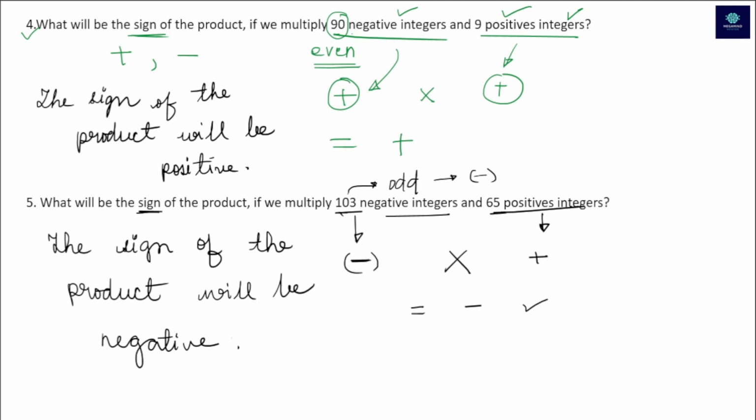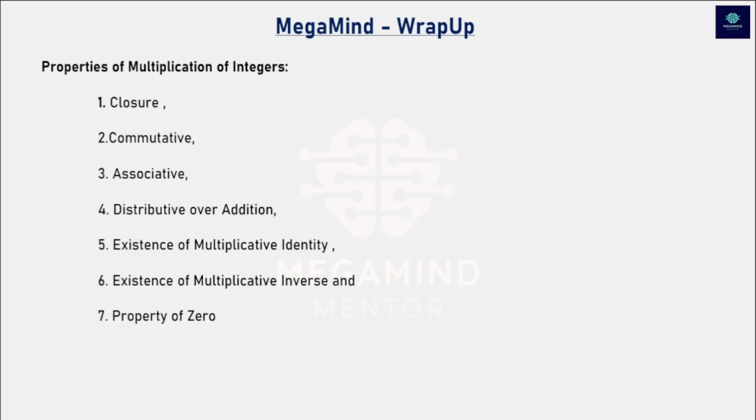So these were the first 5 questions that we have completed from exercise 1B. Now let us quickly do the MegaMind Wrap-Up. In this video, we have discussed various properties of multiplication of integers, which included closure property, commutative law, associative law, distribution over addition, and also over subtraction.